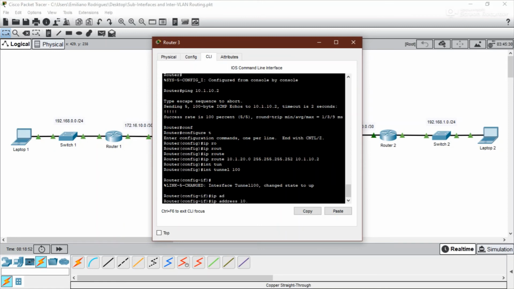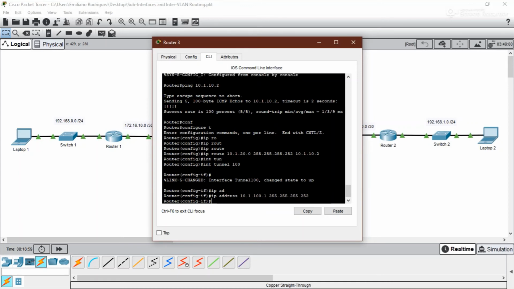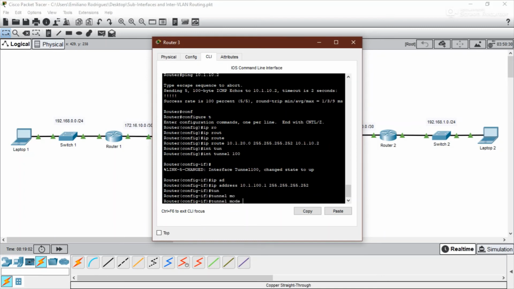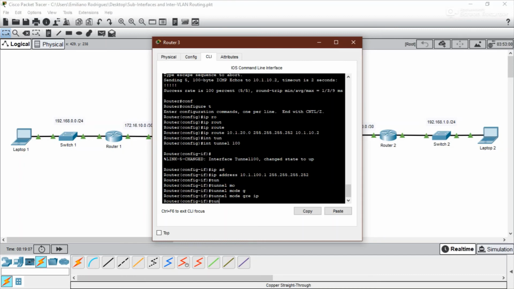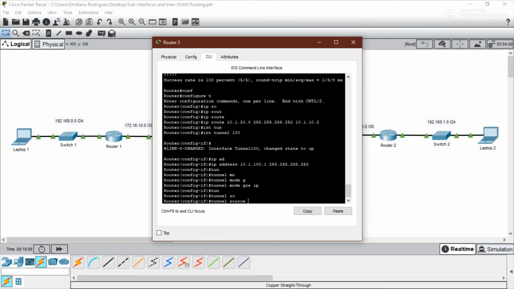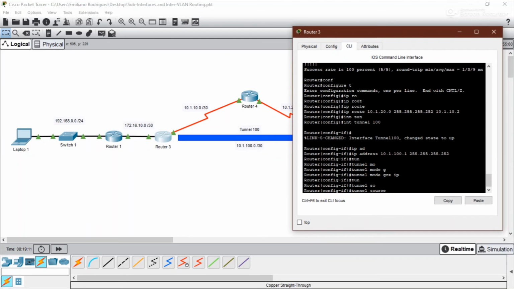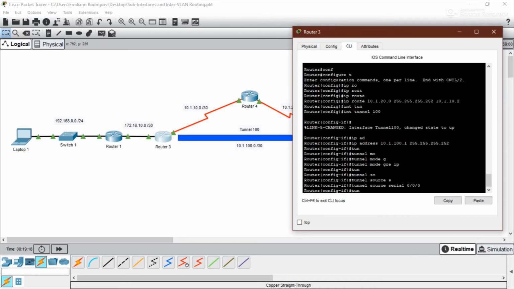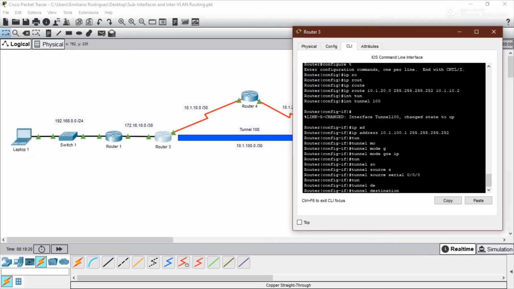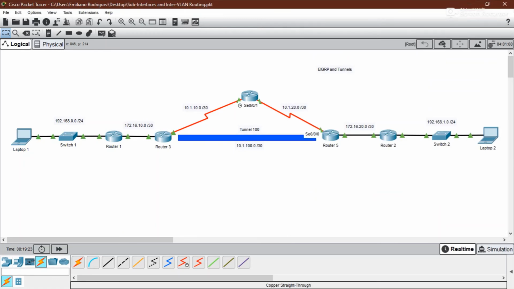IP address 10.1.100.1/30. Tunnel mode GRE IP. Tunnel source will be the physical interface serial 0/0/0. Tunnel destination will be router 5's serial 0/0/0.